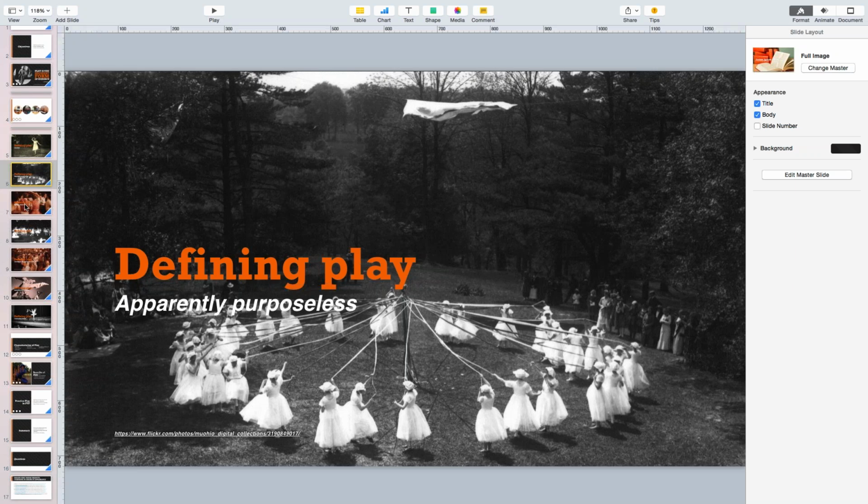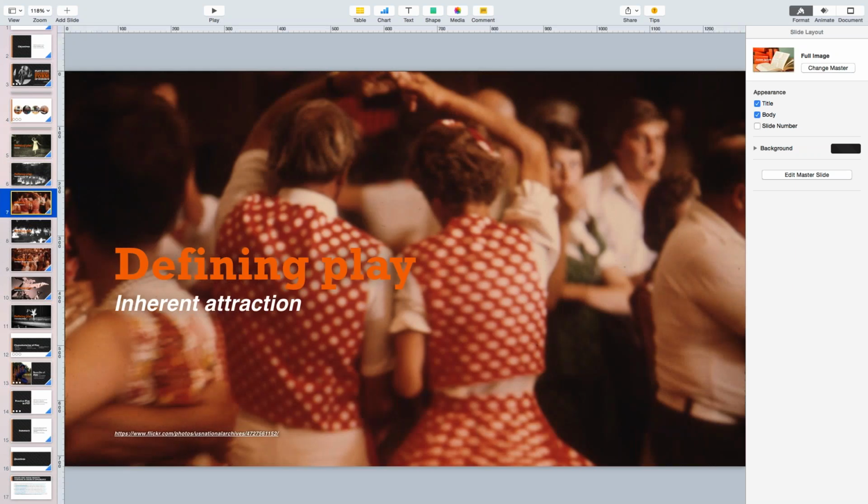So the next element and way that we define play is with inherent attraction. So what this means, as Miss Ann has explained to you guys in class, is that you feel naturally drawn to this activity. All right. In class, we use the example of music. Okay. Think about it like this.